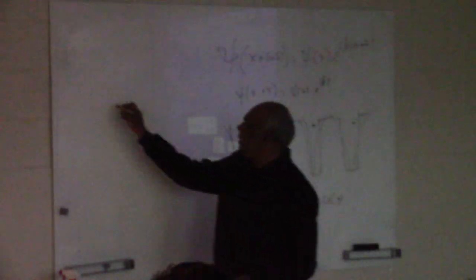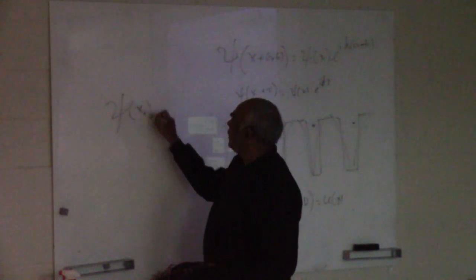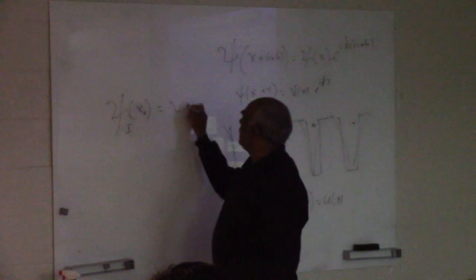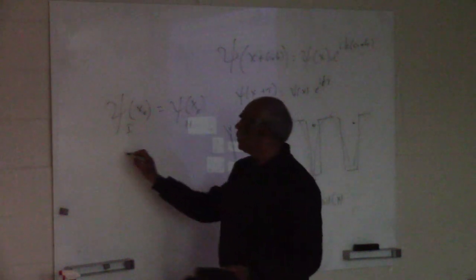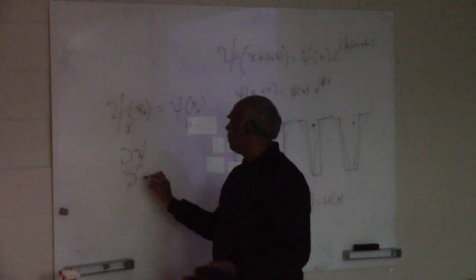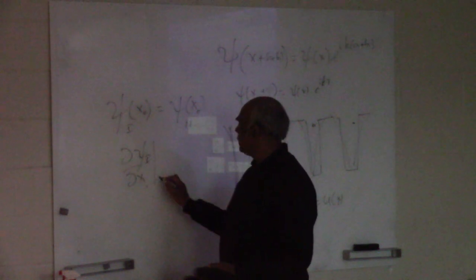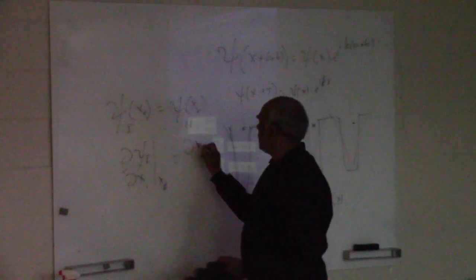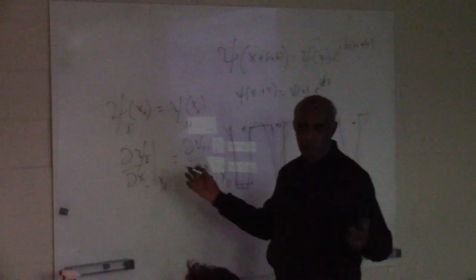Boundary conditions. Typical boundary conditions are that psi at whatever that x0 value is should be the same in the second region, and the derivative of this one should also be the same. That's fine, right?